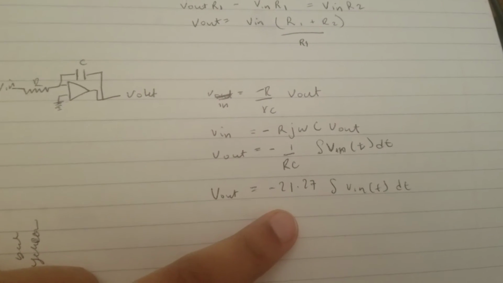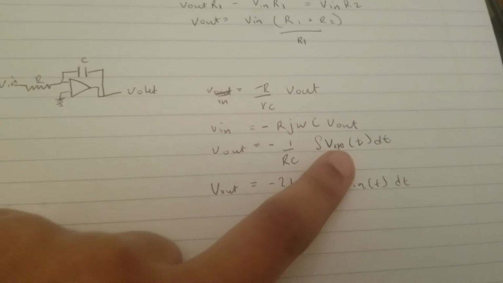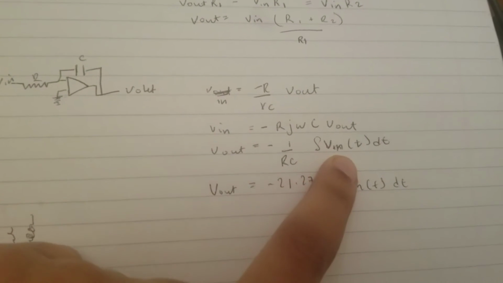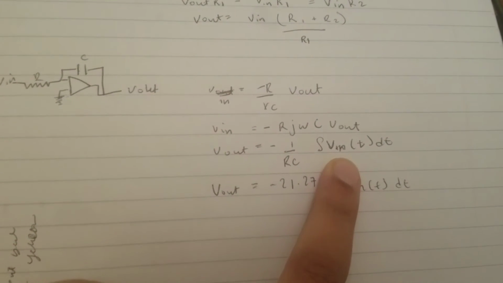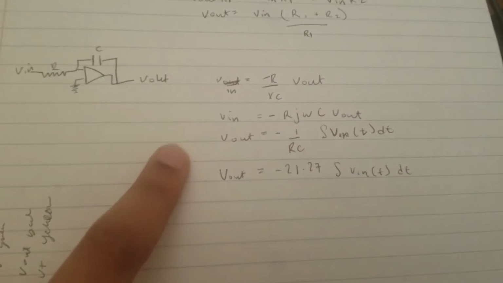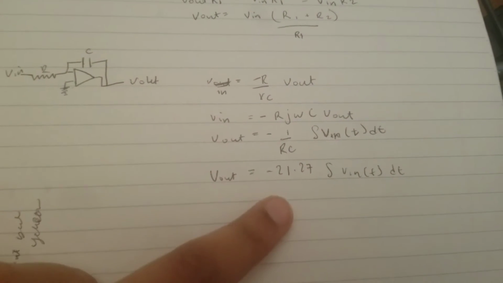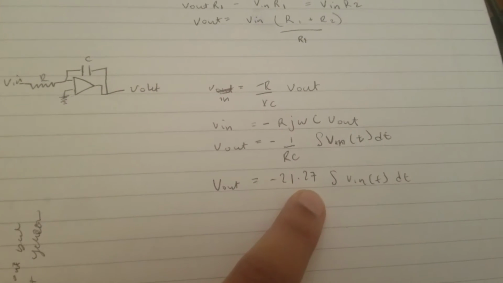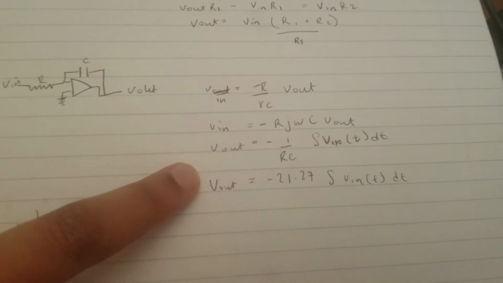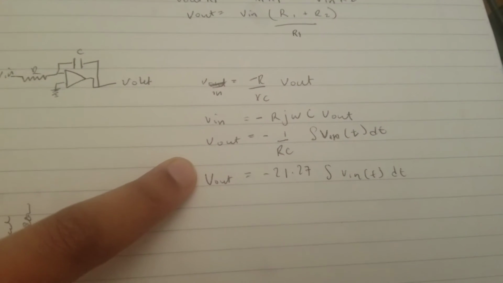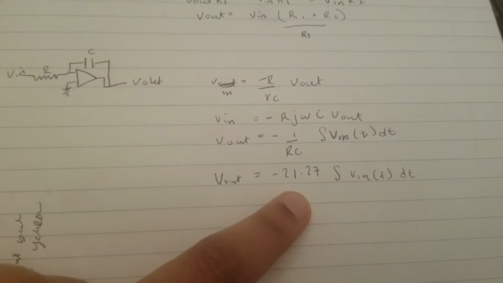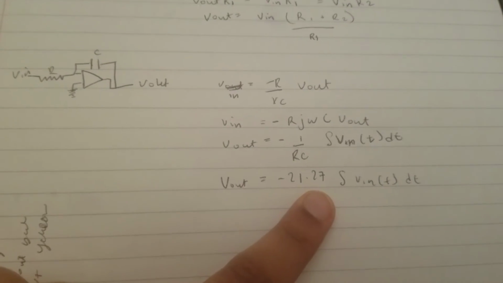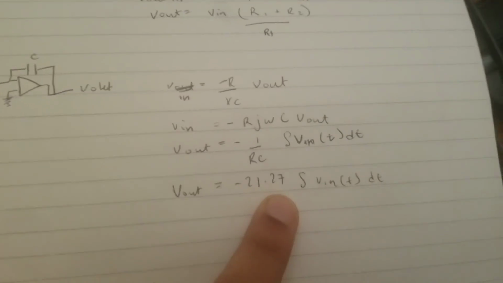We know that j times omega is equal to the integral of V in with respect to time because of work we did in lecture. So this is the final equation. If we plug in the resistance and the capacitance, we find that this is the equation that we find, and negative 21.27 is the gain or loss, depending on which way you're going.